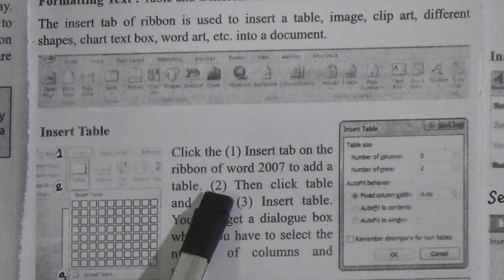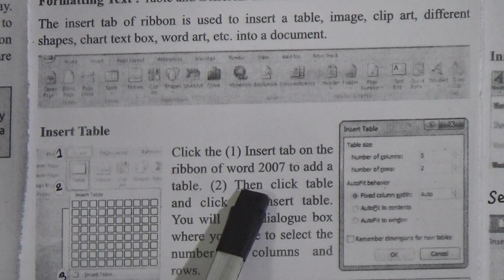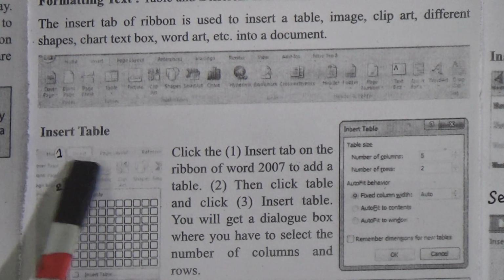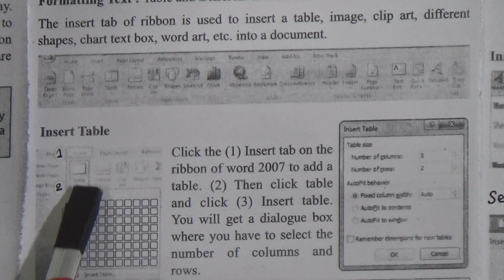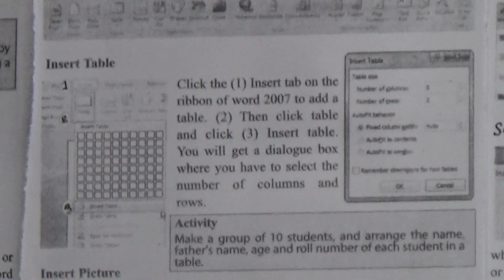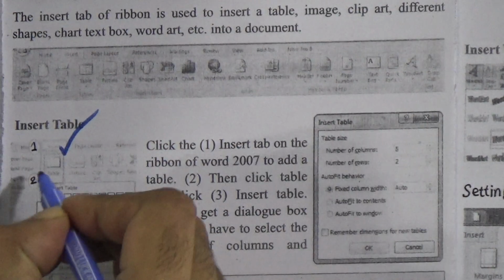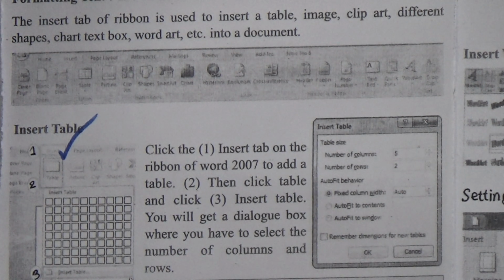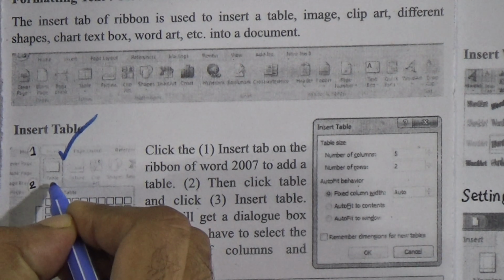insert. Number 2, then click table. When we click on insert, options will come, and then we will click here. Table is written at first. Here is insert written. The writings are not very clear, and then the options will come.